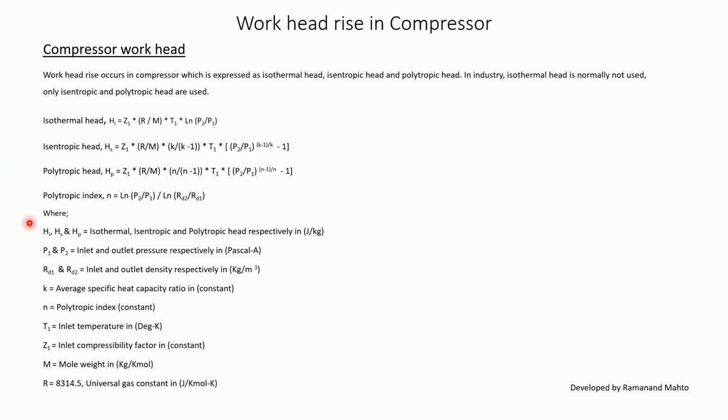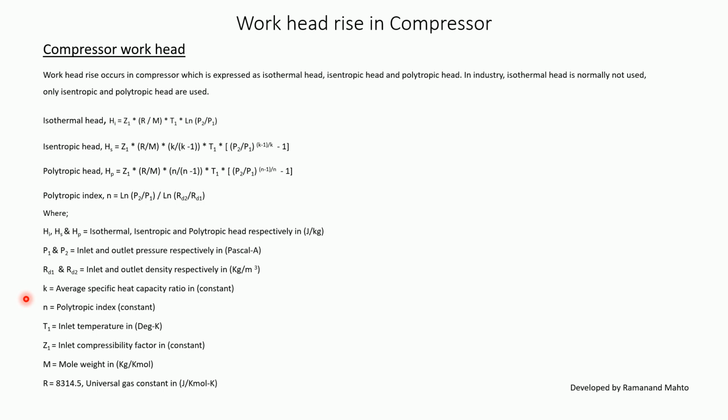तो where HI, HS and HP क्या है? Isothermal head, isentropic head and polytropic head, in head rise you can say in joule per kg. P1, P2 are inlet outlet pressure in Pascal absolute. RD1 and RD2 are inlet outlet density in kg per meter cube.